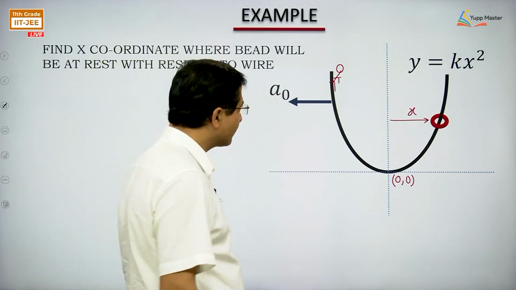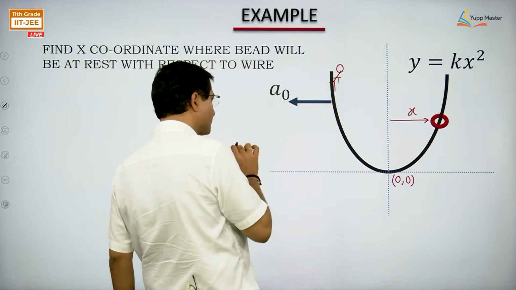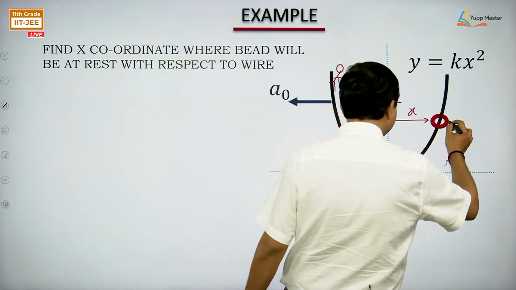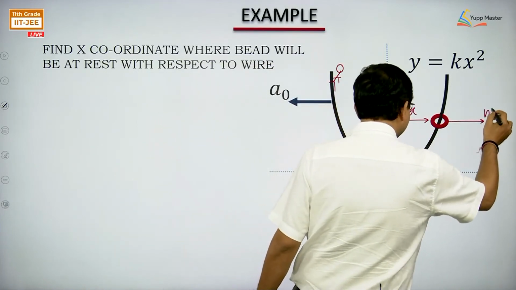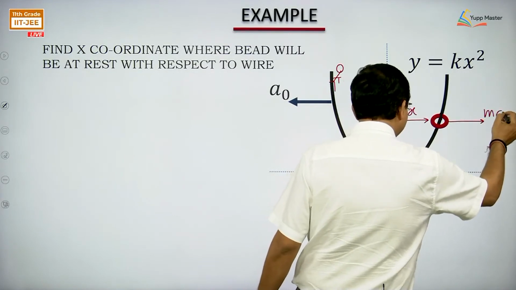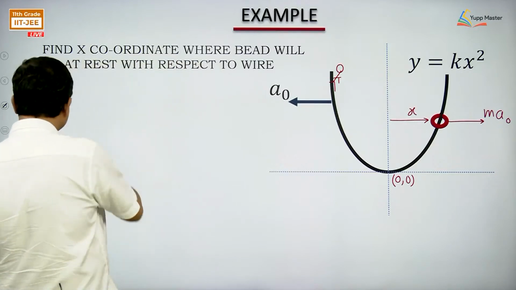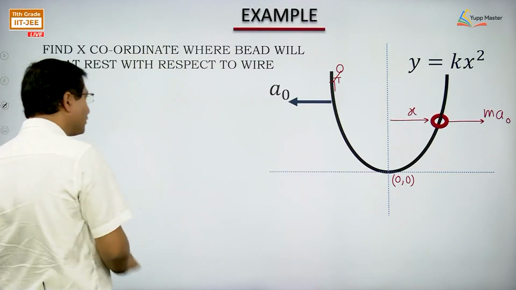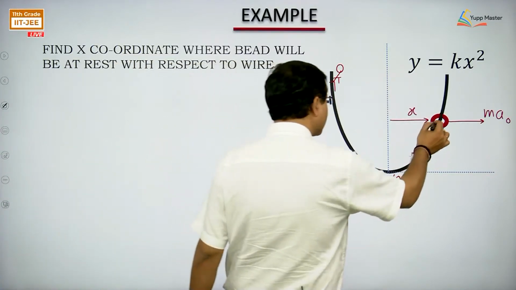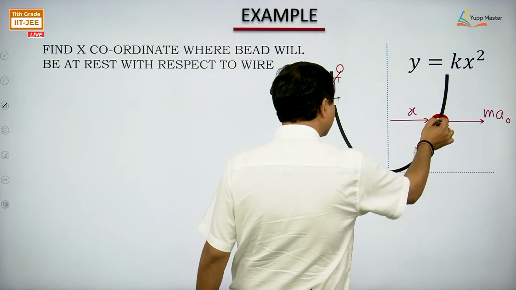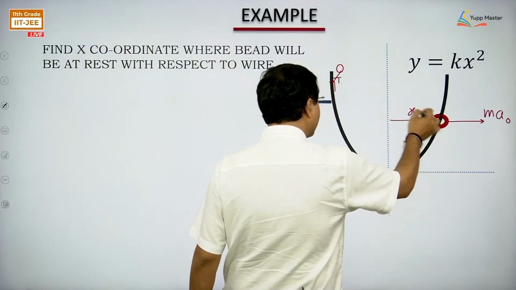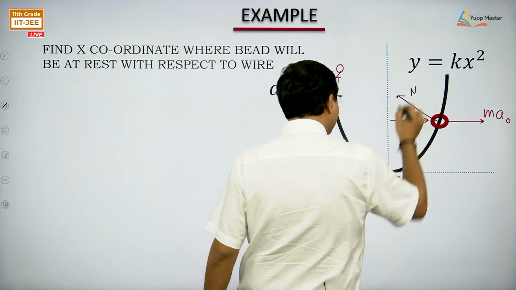Now as our frame is non-inertial, the first thing I am going to do is add the pseudo force, mass of the bead times acceleration of the frame. Then there will be the normal reaction. So here I will draw the tangent, and perpendicular to that there will be the normal. So on the bead the normal will be like this.